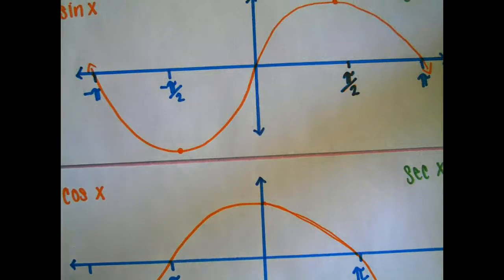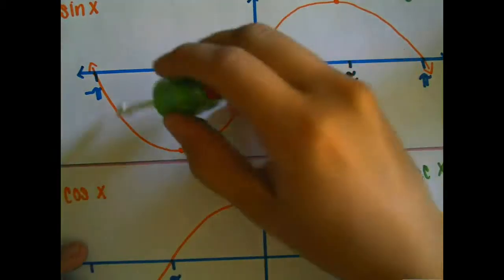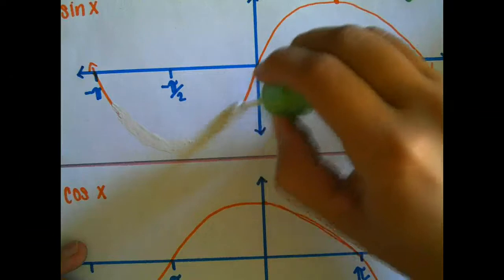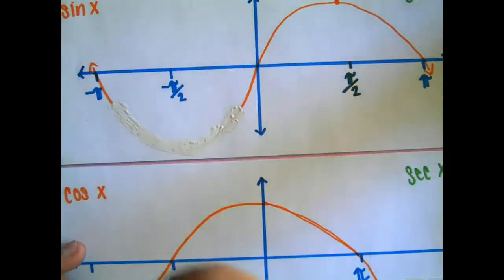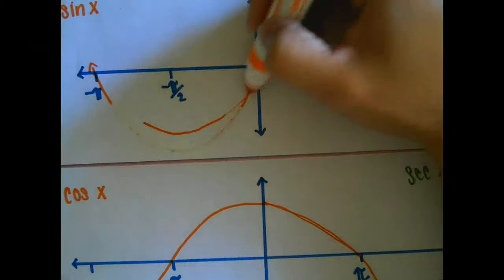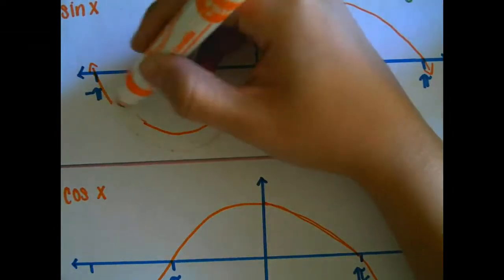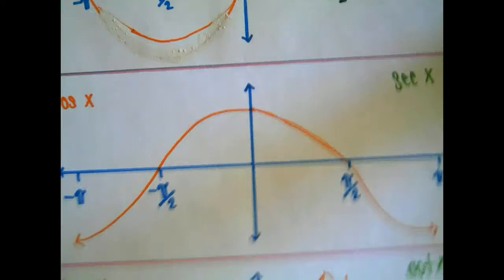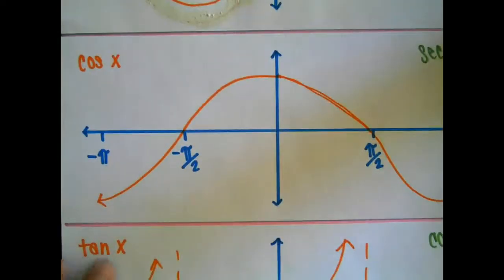This hump is going to be... I'm going to redo it a little bit because it's a little bit too low. Hopefully it doesn't smear. So, we'll say it only goes to like here. Alright? Okay. So, while that's drawing, I'm actually going to skip to cosine and tangent, and then I'll go back to sine.